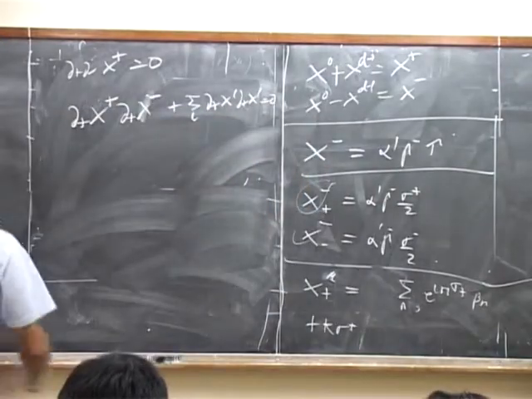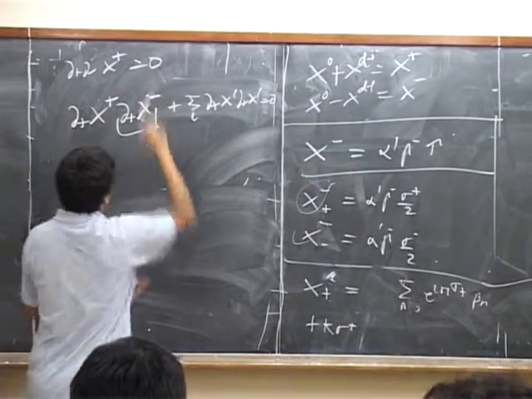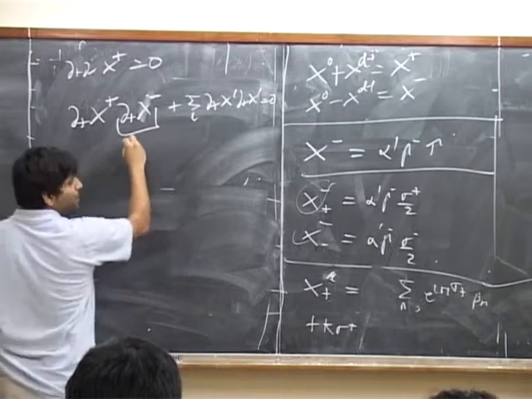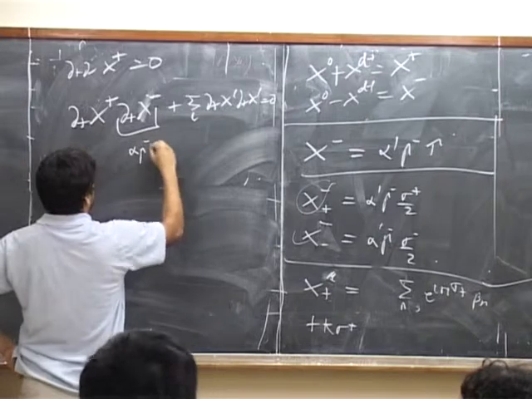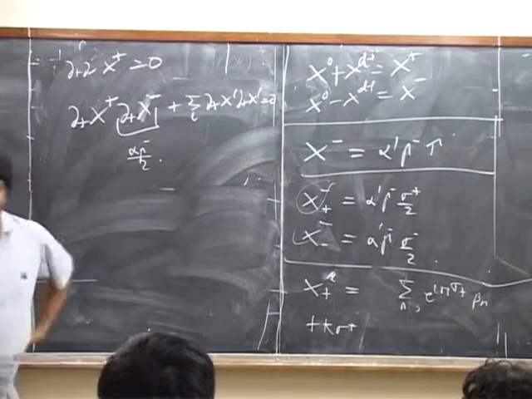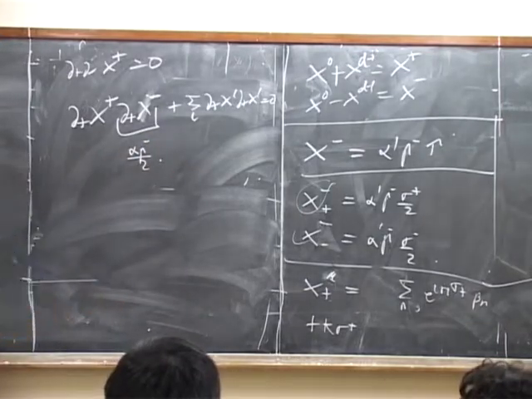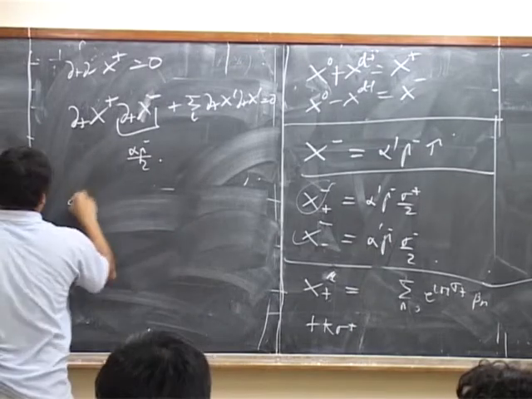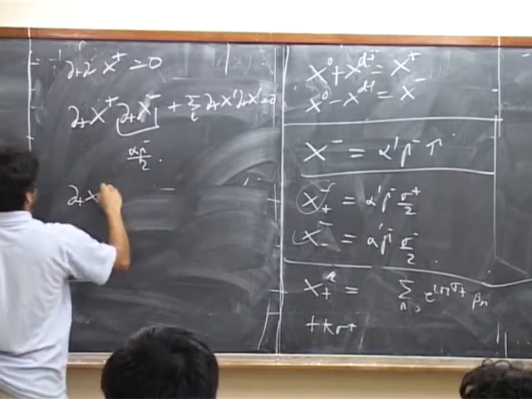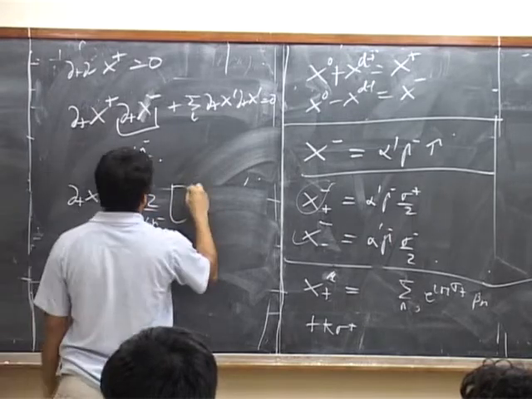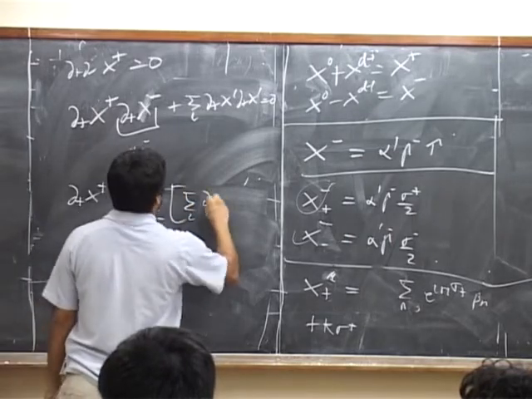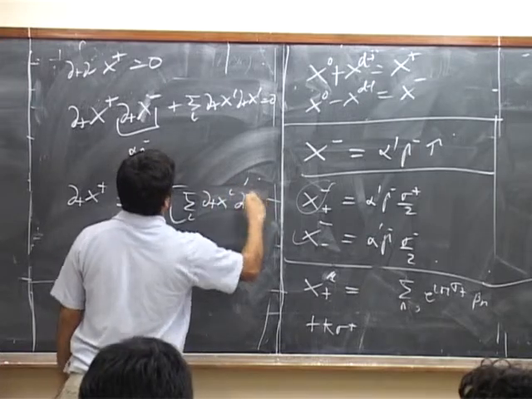Now we've chosen a fixed gauge such that del plus of x minus is equal to alpha p minus by 2. So, we have been told, therefore, that del plus of x plus is equal to 2 by alpha p minus times the sum over i of del plus x^i del plus x^i.